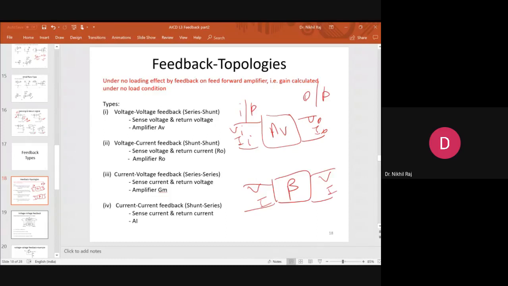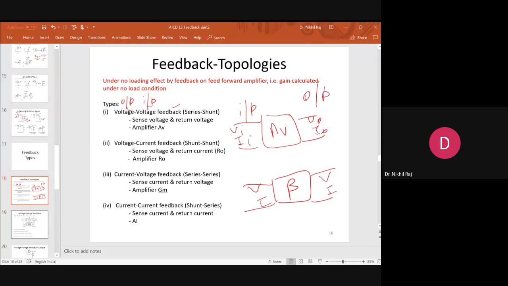But all this feedback analysis we are doing under the no load effect. We are individually calculating the gain, and individually calculating the beta value. The first type of feedback network is voltage feedback. Whenever we write voltage feedback, the first variable is your output and the second variable is your input.